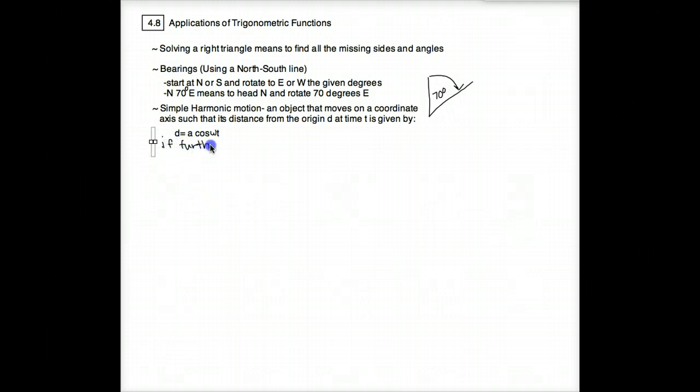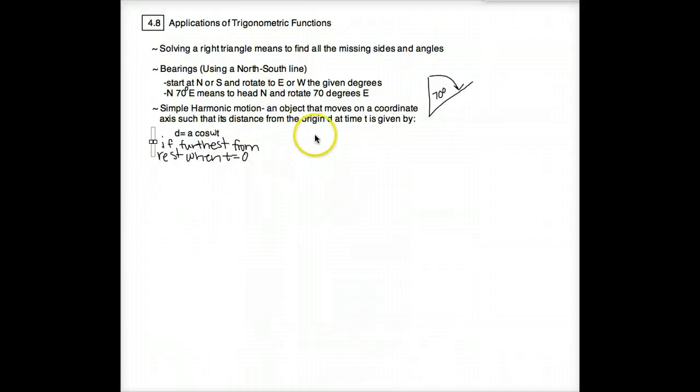If the motion that we're describing is furthest from its rest point when t is equal to 0, meaning when your starting time, the spring is fully stretched, then that's going to be a cosine model.